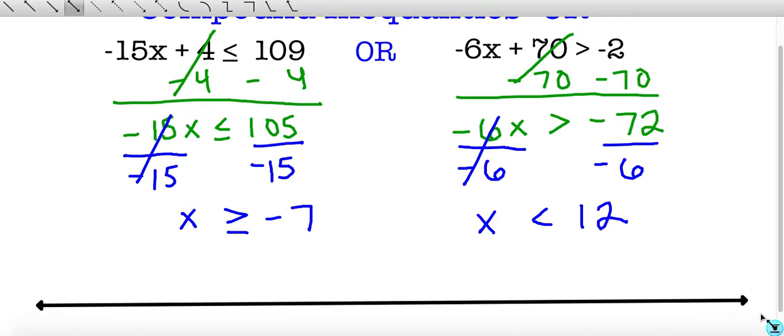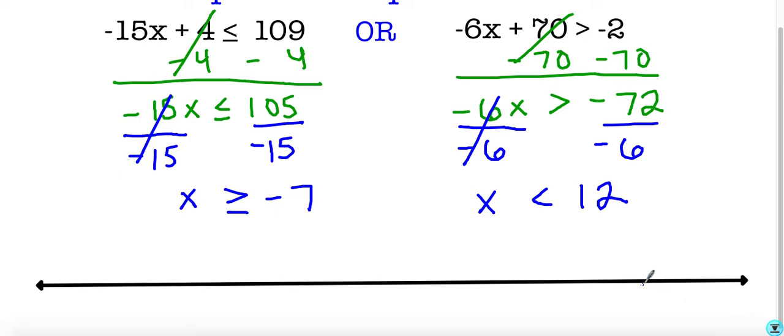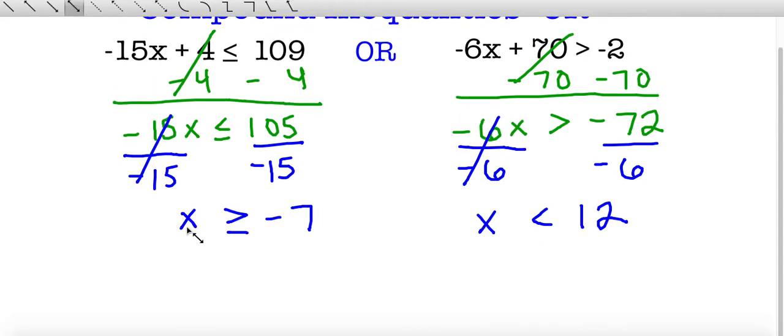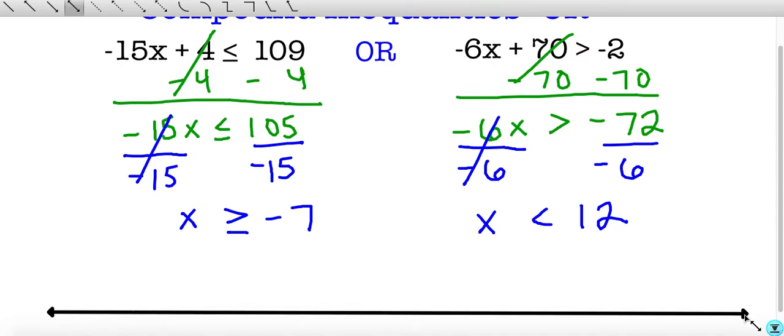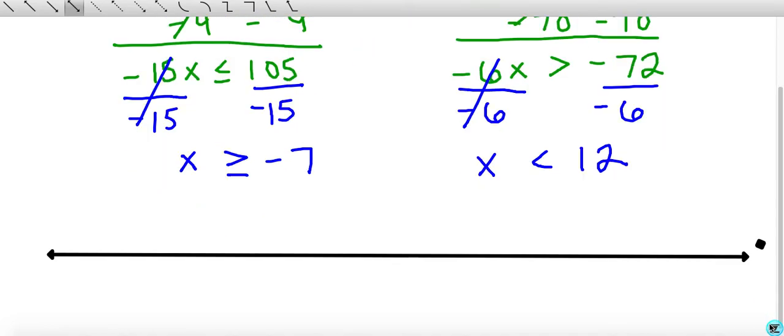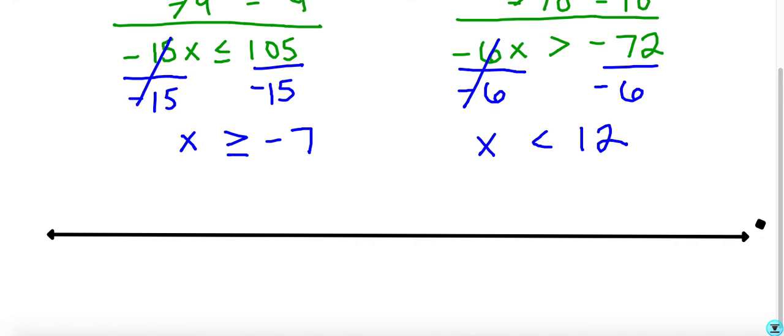So here we have -7 and +12. I'm just going to put -7 and 12 on opposite ends. So -7 would be somewhere here, 0 would be somewhere in the middle, and then 12 would be to this far right.